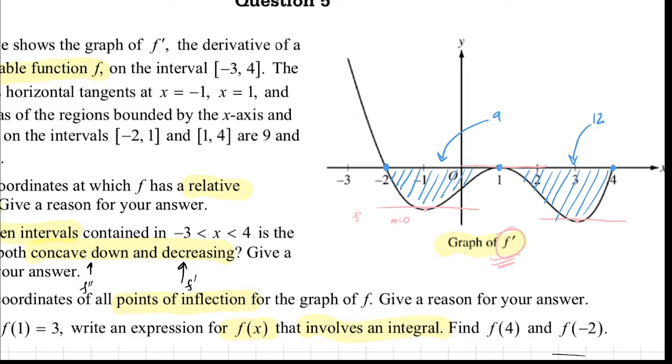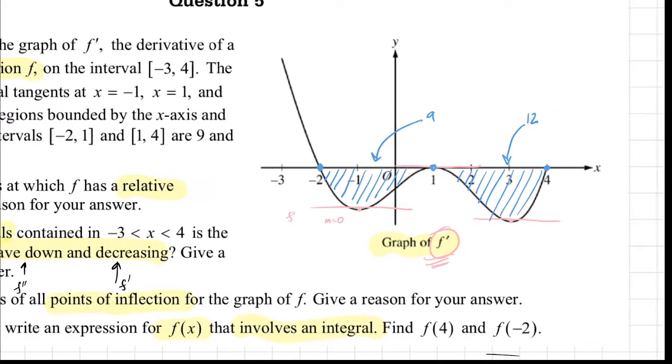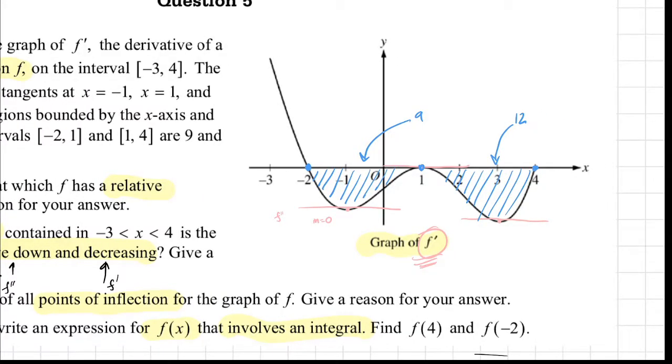So since, again, this is the graph of our first derivative, we can just say in these sections, like -2 to -1, we have a negative slope on that entire bound, or more accurately, a negative derivative. So it's decreasing here. So the second derivative of f is negative.